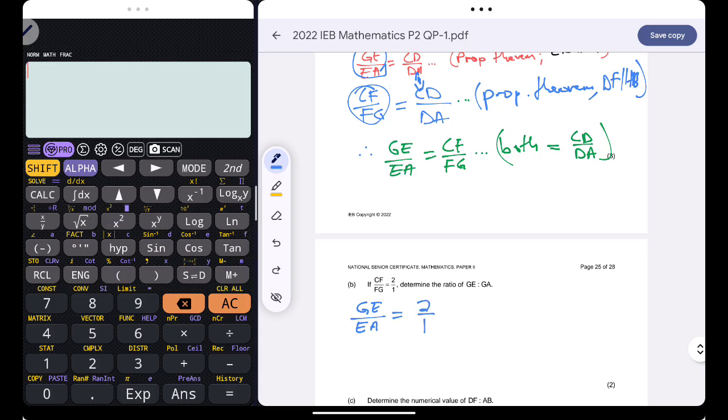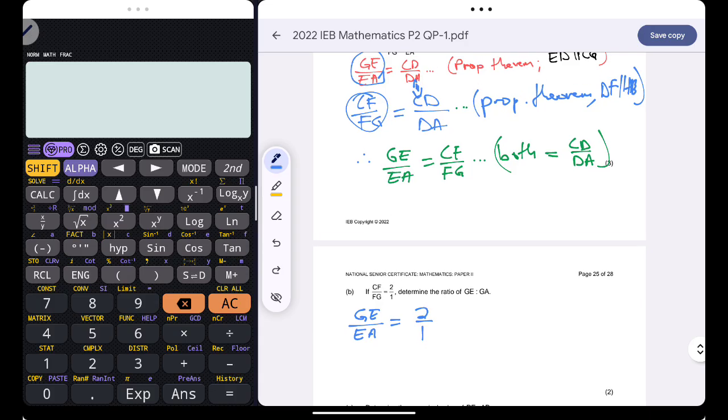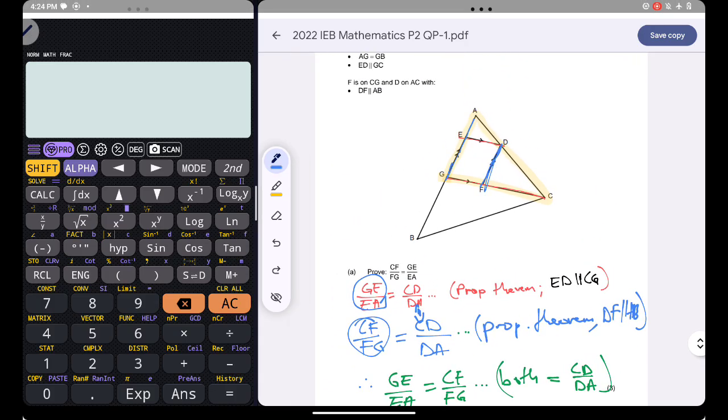That means this is 2 over 1. So it simply means that in this triangle, since this is 2:1, that's 2k, and we have k here.